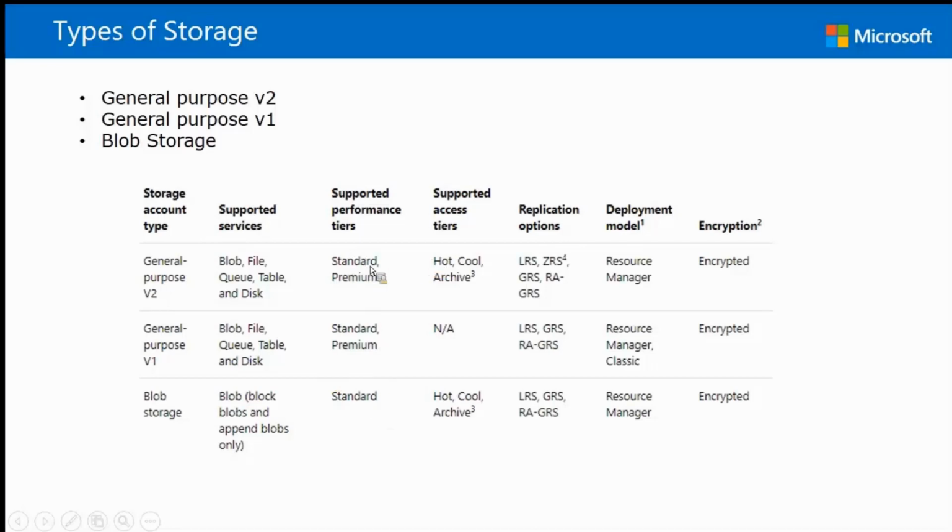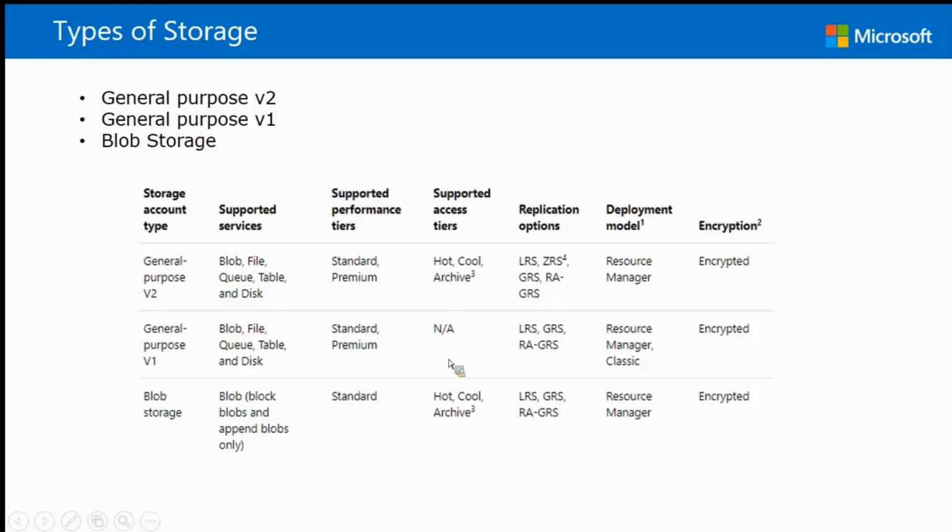This basically means when you pick standard, you are going to use HDDs or magnetic drives in the real infrastructure, and with premium, you are going to use SSDs or solid state drives. The difference between the V1 and the V2 is this option, the access tiers: hot, cool, and archive.